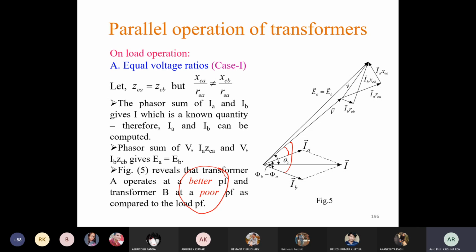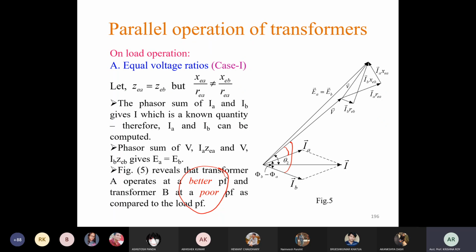But though the power factor of the load is, suppose, 0.8, when this load sharing is done by two transformers having unequal reactance to resistance ratios, one transformer will run with a better power factor, that means a power factor nearer to unity, and the other transformer will run with a poor power factor, that means its power factor will be far away from unity.